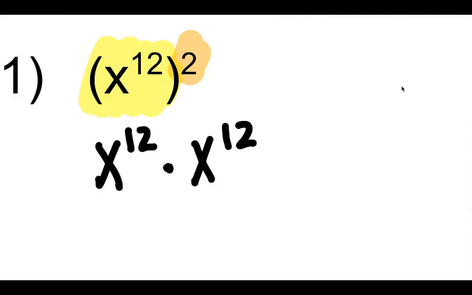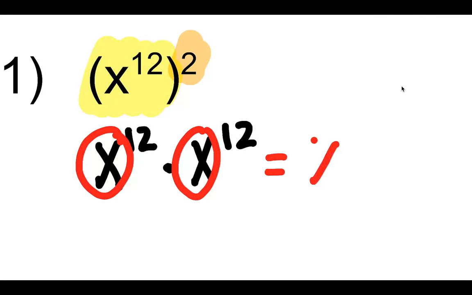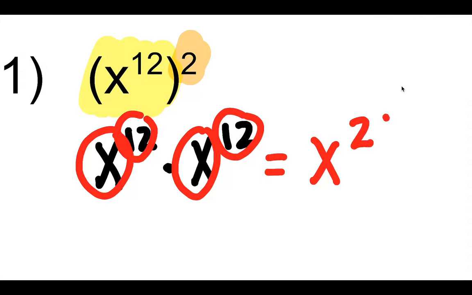I have that whole thing 2 times. So if we did our power rules, so now I have the multiplication power rule, right? And if I multiply, I really add the exponents. So now I've got a base of x, right? I add the exponents, and I have 12 plus 12 is 24.